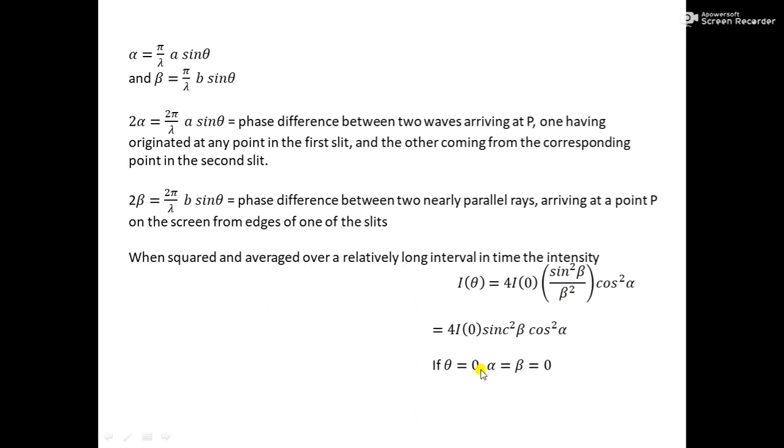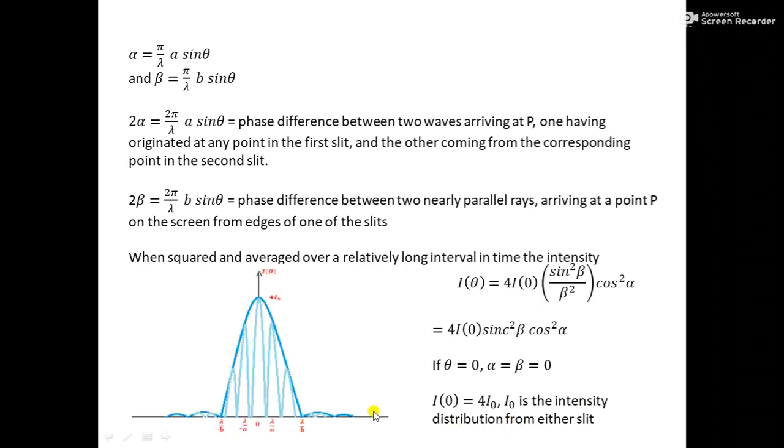If theta equals 0, that is for normal incidence, alpha is equal to 0, and beta is also equal to 0. So I of 0 gives the value 4 I naught, and I naught is the intensity distribution from either slit. And the intensity distribution pattern looks like this. Why it looks like this, I will explain.